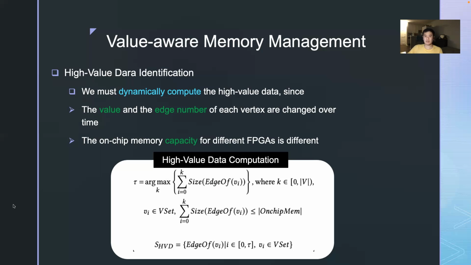The V set is the set of vertices sorted by their value from the largest to the smallest in the VMM module. And |on-chip mem| denotes the on-chip memory capacity. This equation means to find the largest tau such that the total edge size from V0 to V tau nearly equals the on-chip memory capacity. After tau is computed, we can then obtain the set of high-value data, here denoted as the SHVD.